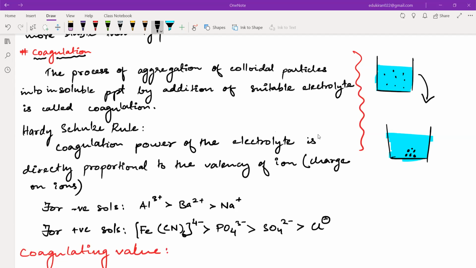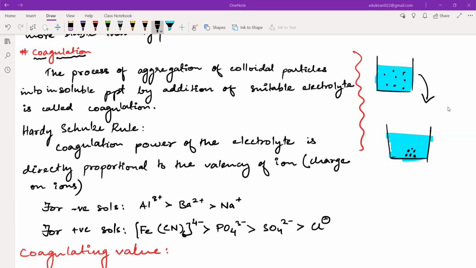Now it is not going to happen automatically. Why? Because all the colloidal particles, these small particles, have the same charge. If they have the same charge, will they come near to each other? No, sir. So we will add some electrolyte here.